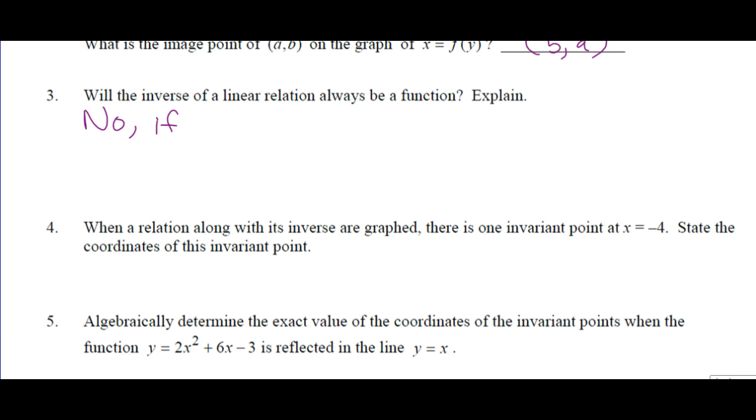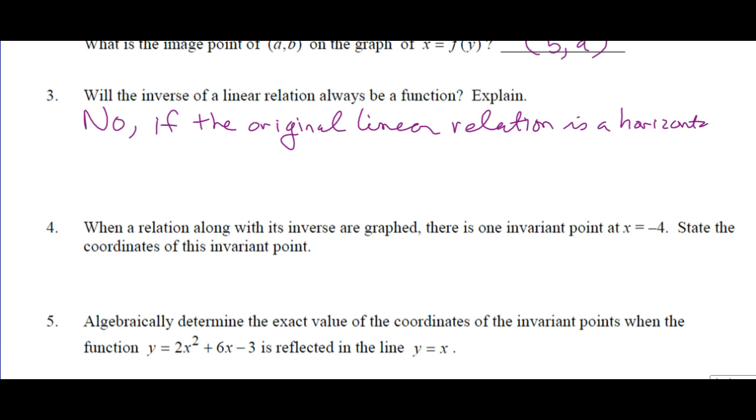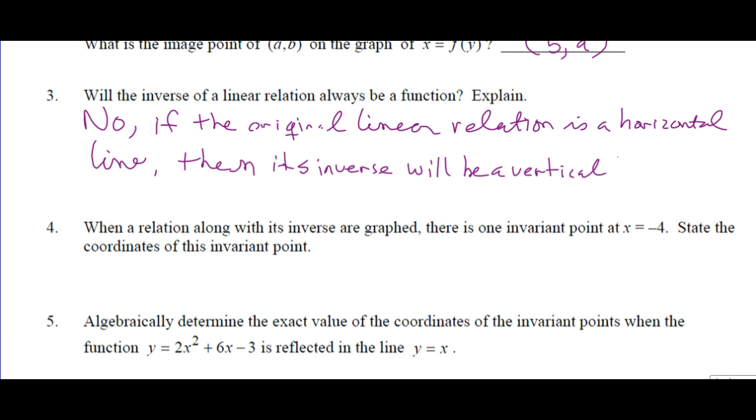Now it does say explain, right? So you can't just say no. Explain: if the original linear relation is a horizontal line, then its inverse will be a vertical line, which is not a function.